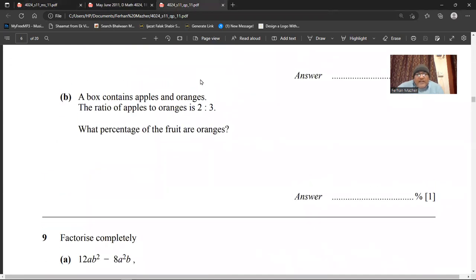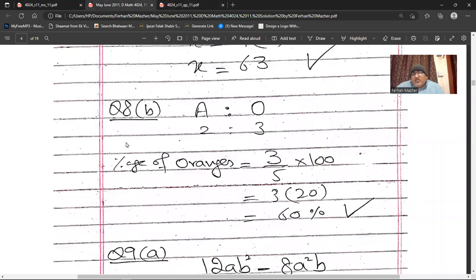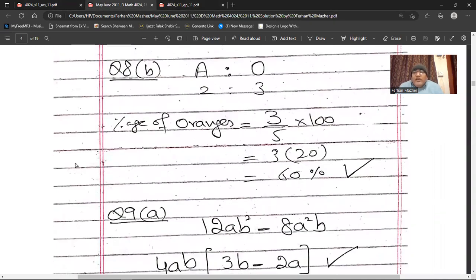Question number 8, and it's B part. A box contains apples and oranges. The ratio of apples to oranges is 2:3. What percentage of the fruit are oranges? Because the ratio is given, apple to orange is 2:3, so the sum of the ratio will be 5.